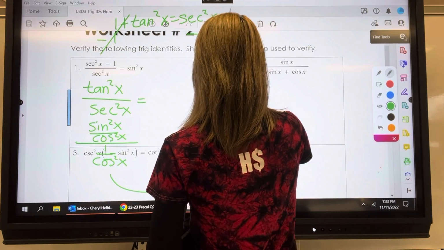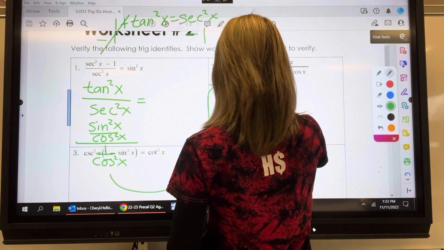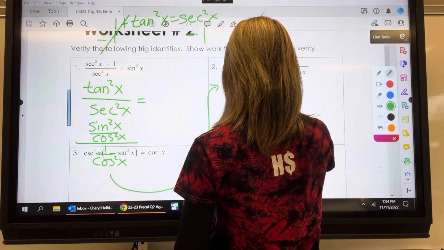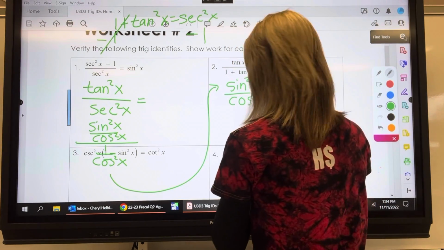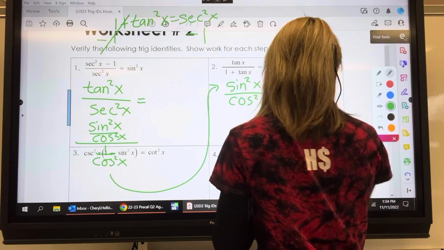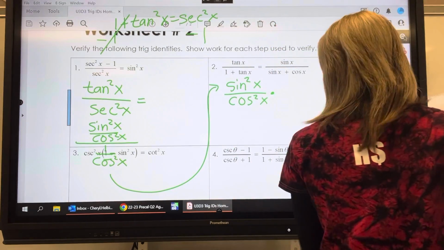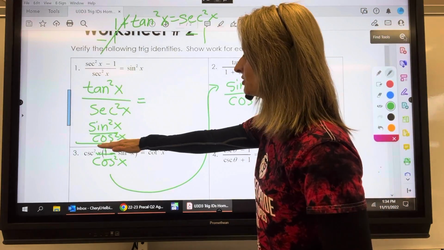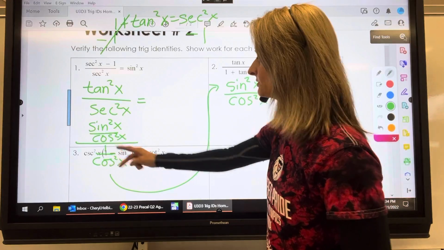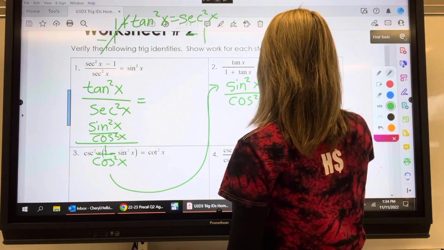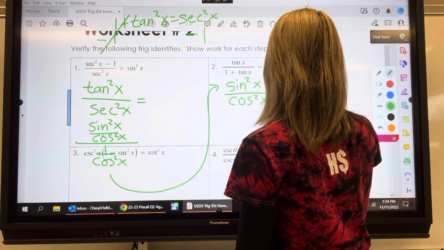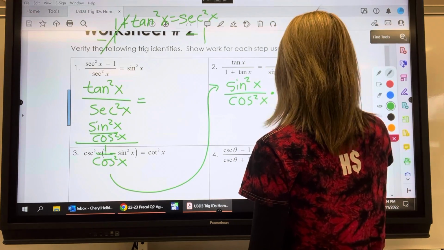Okay, so I'm going to keep, change, flip. You don't have to go through writing all of this if you can do this in your head, but it's easier for me to write the steps out, so if anyone has any questions, you can see it visually. Keep, change the division to multiplication, and flip cosine squared over 1 to 1 over cosine squared, to cosine squared of x over 1.